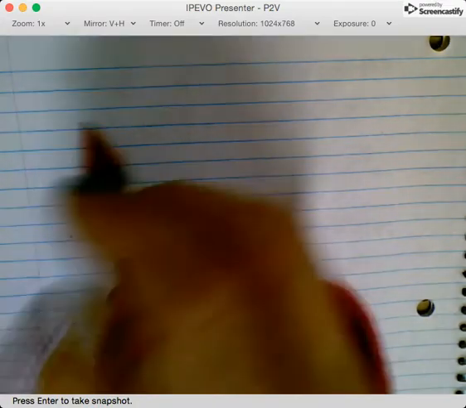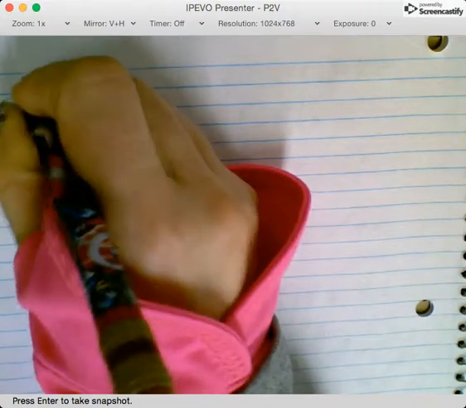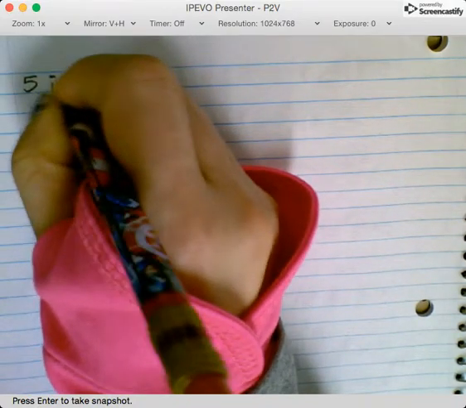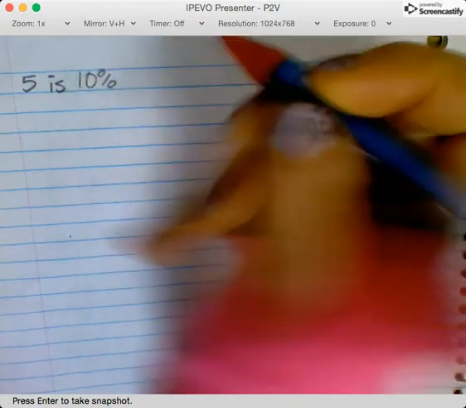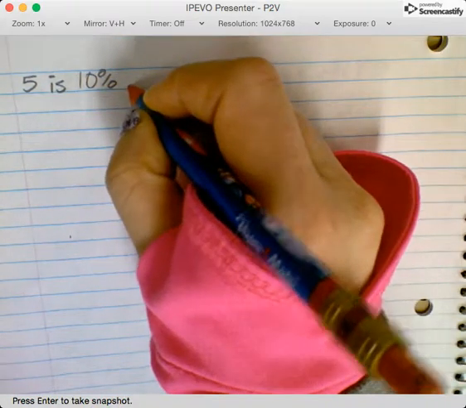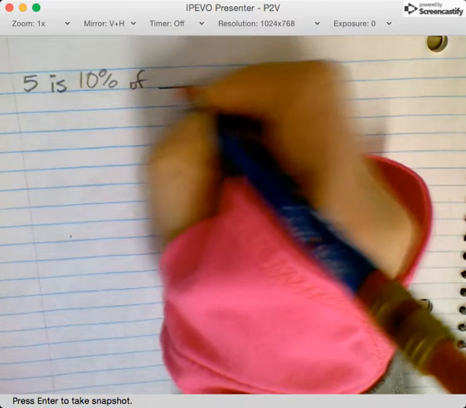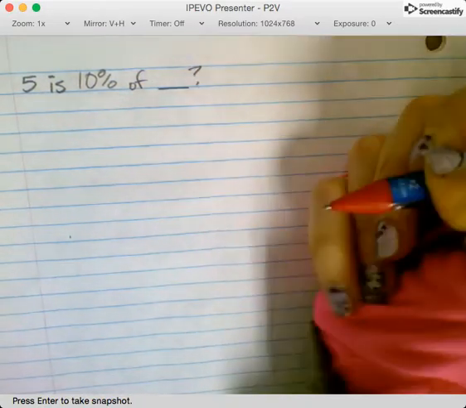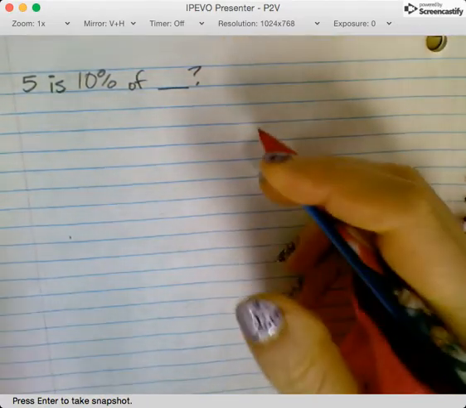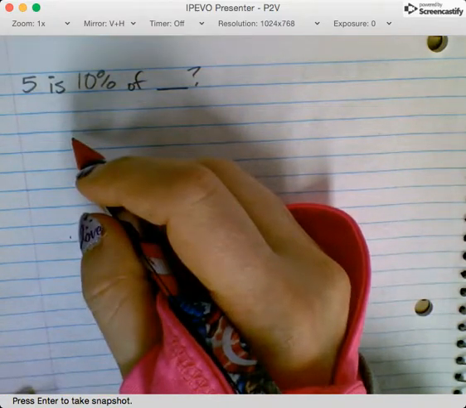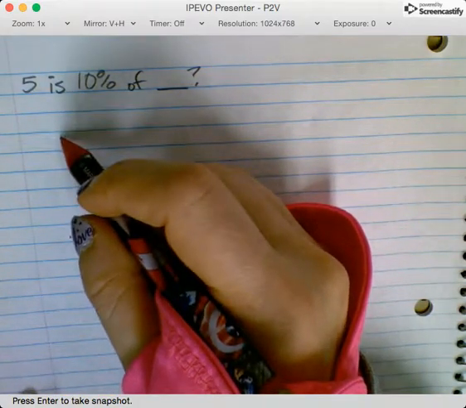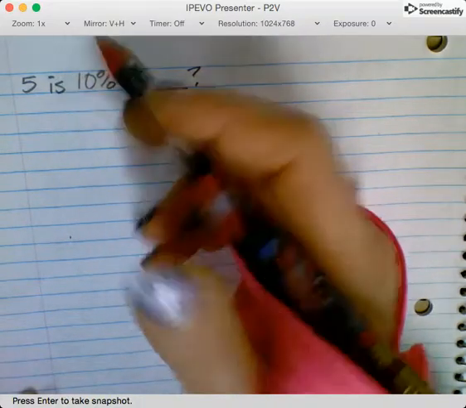So I would use this for a problem that might say 5 is 10% of, and then you would have a blank or a missing number. The first way is using equivalent ratios.